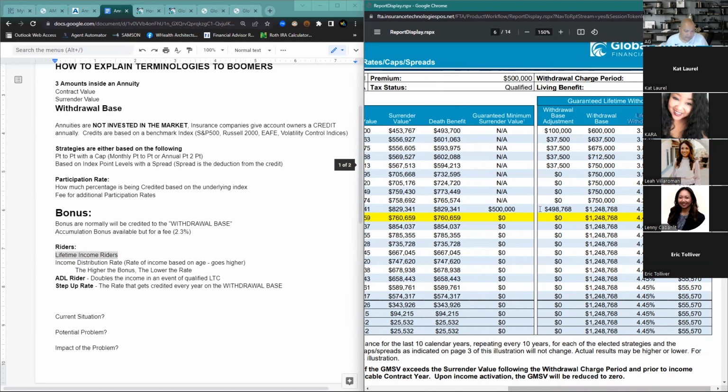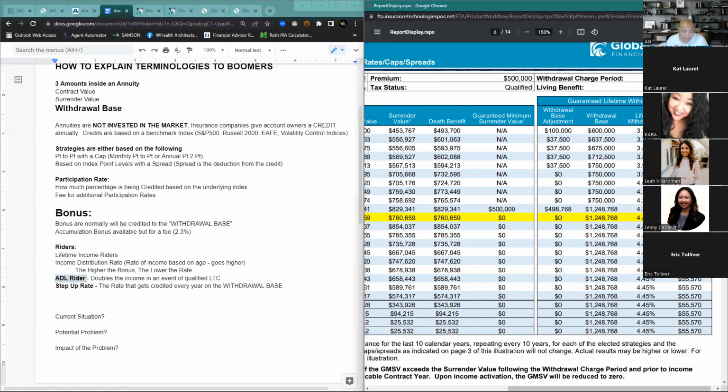Okay. Income distribution rate. This is this one. 3.75, 3.85, 3.95. Okay. ADL rider. Global Atlantic does not have that in California. But if this were Arizona or any other state, Santa Fe, right?